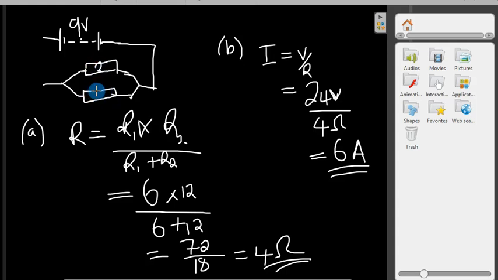So 2 and 2 here, and we have another resistor here which is also a 2 ohm resistor.